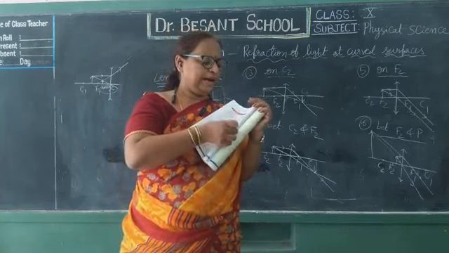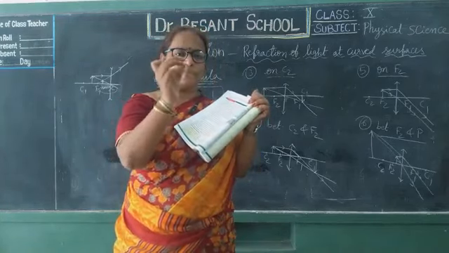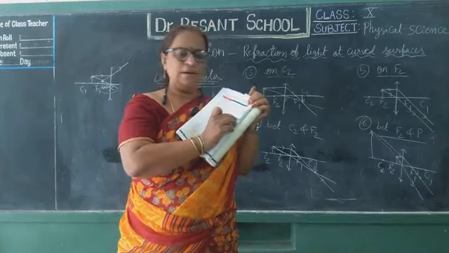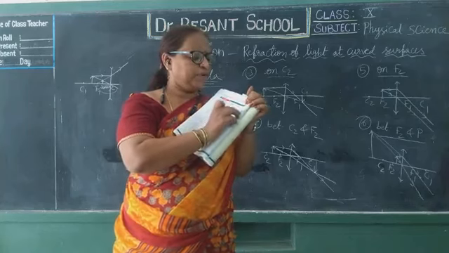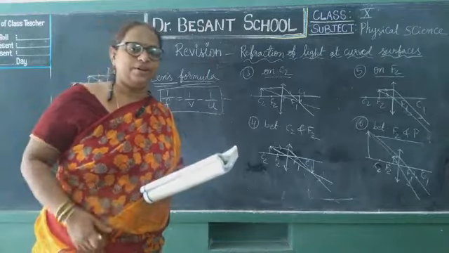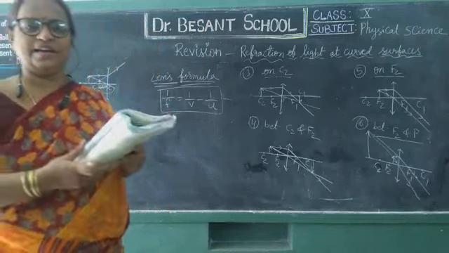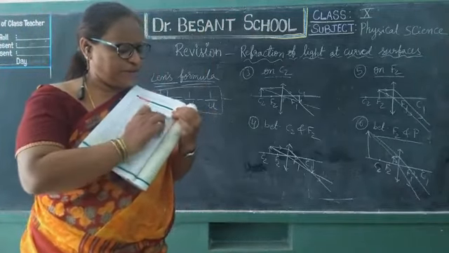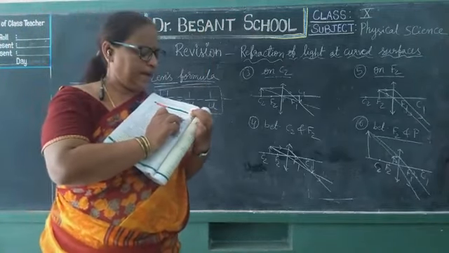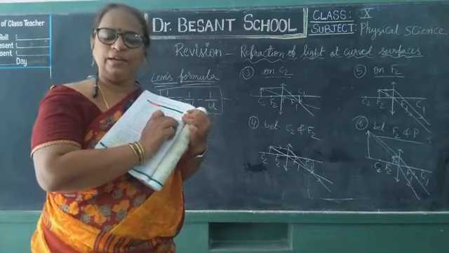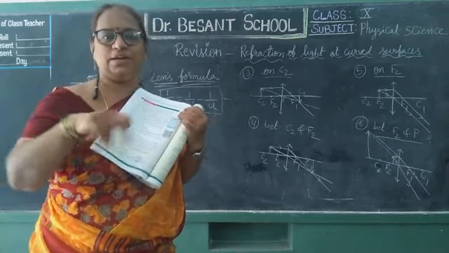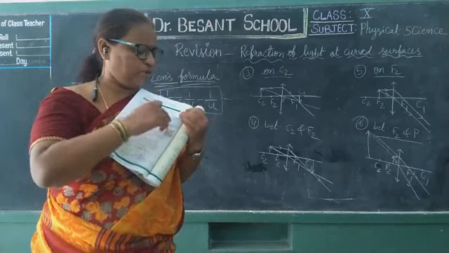Okay children, place a stone at the bottom of the tumbler and fill 3/4 of the tumbler with water. Now hold the lens using a circular lens holder.